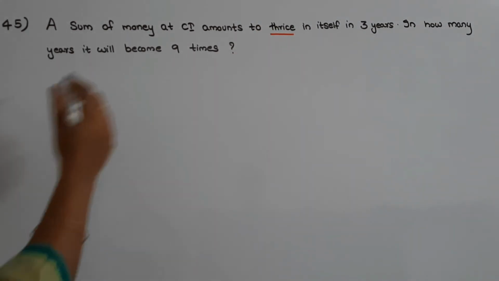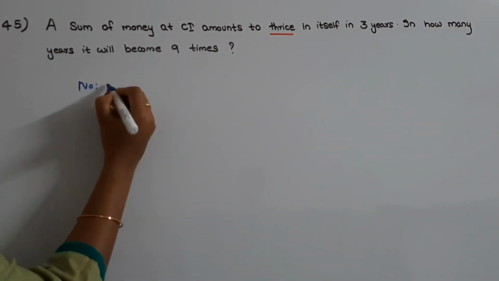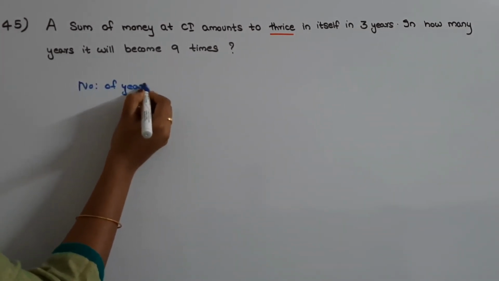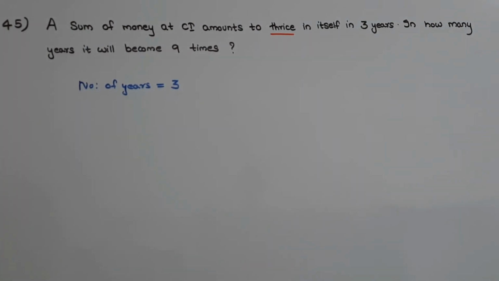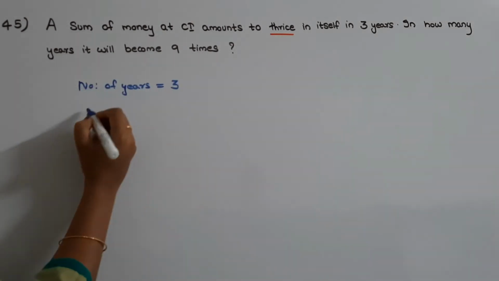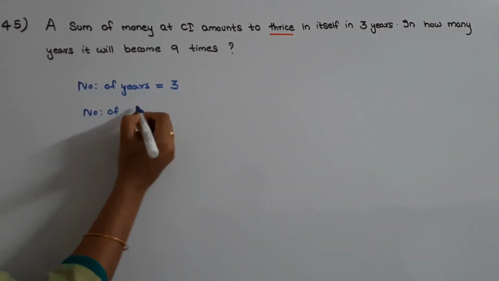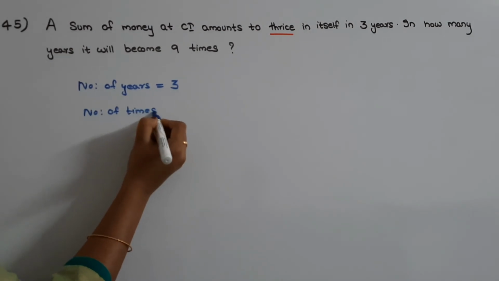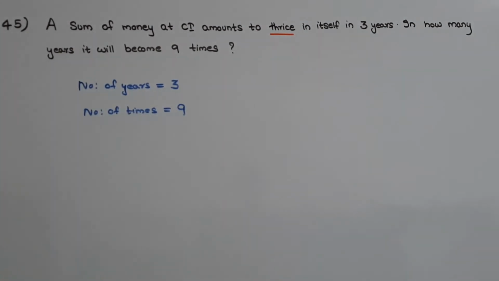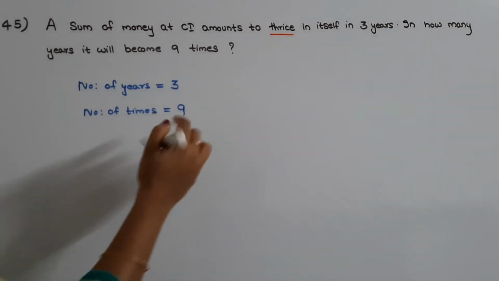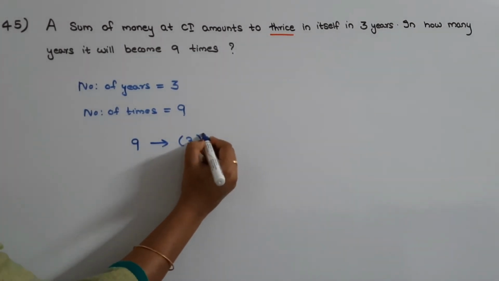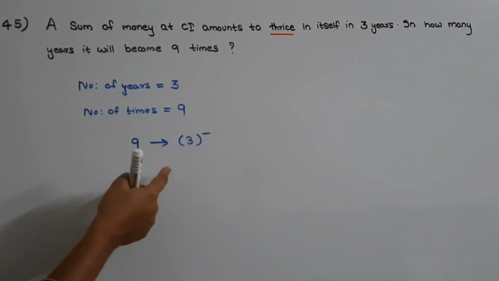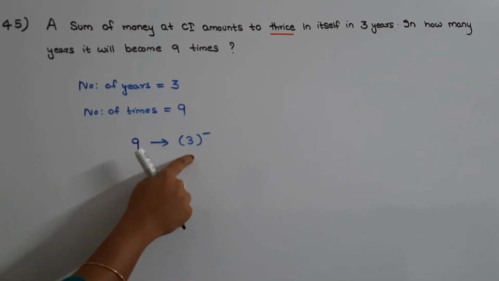Here the number of years is equal to 3. Now the number of times is given as 9. Since thrice is given, we need to write this number of times as a power of 3.